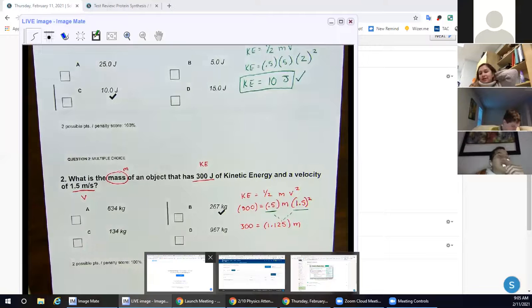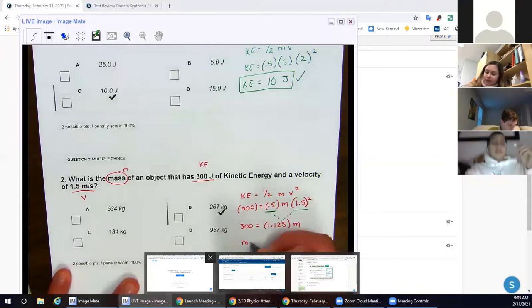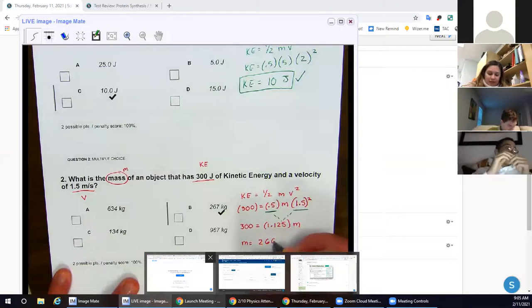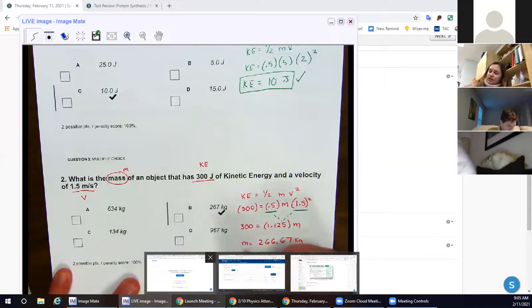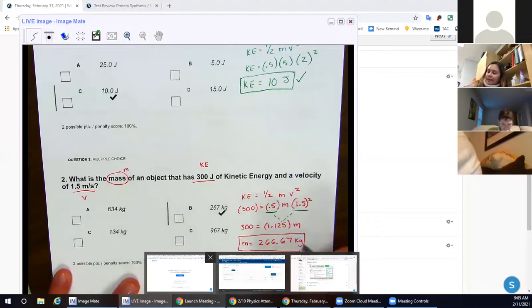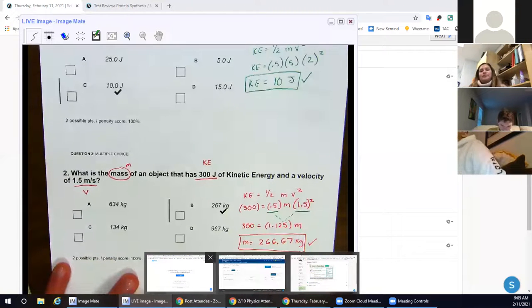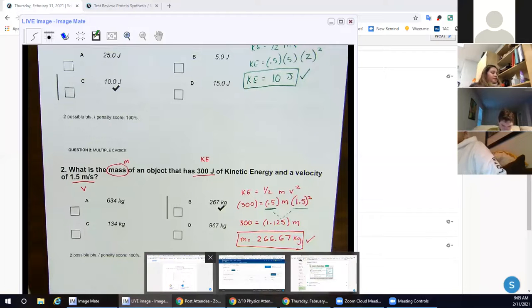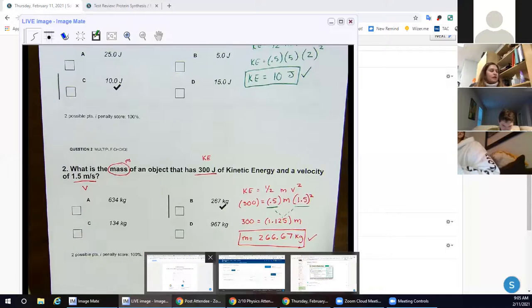Then you're just going to divide both sides by 1.125, and your mass is going to be 266.67 kilograms, which is your answer right there. So yes, good job. Any questions on these two? All right, let's go on to the next.